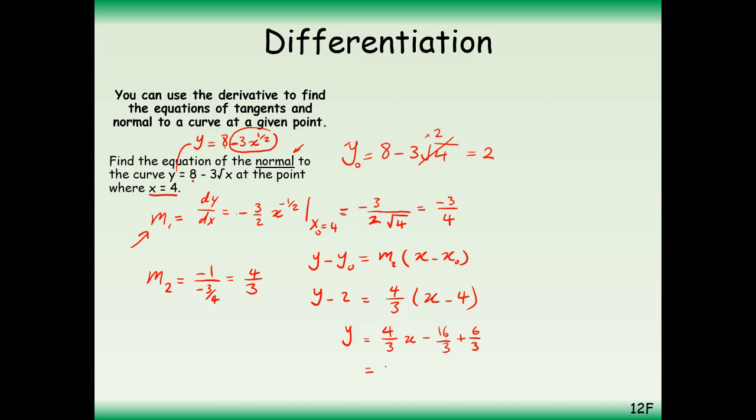So then finally we can write this as y equals 4 over 3 x, and we will have a minus 10 over 3. We can even factor a third out and write this as 1/3 times 4x minus 10. Alright, so the final answer could be written as 1/3 of 4x minus 10. Okay, so let's see if there is another example.